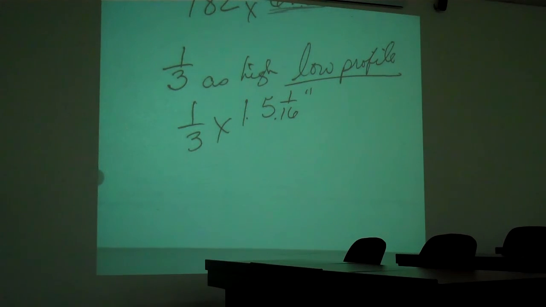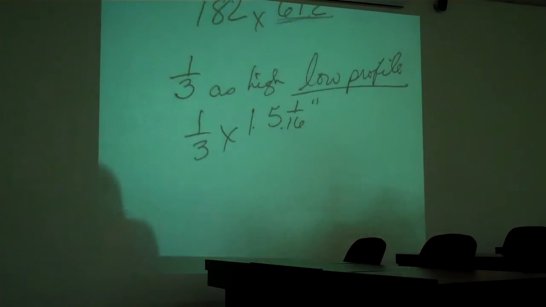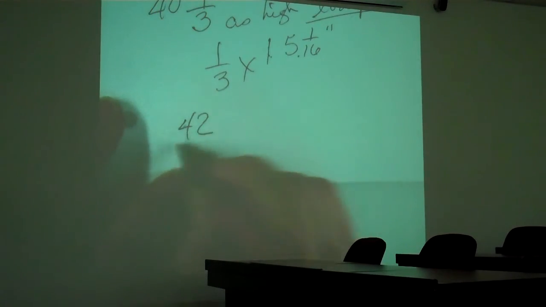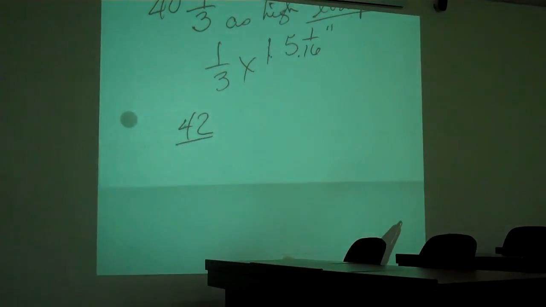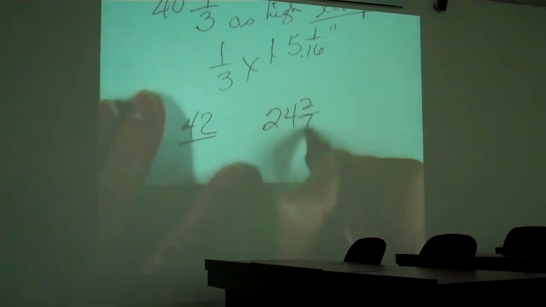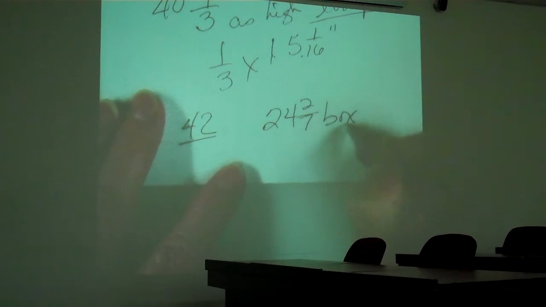And then on number 42, this one was like number 40. Number 42, it said a flooring contractor uses 24 2/7 of a box to cover a kitchen floor. Okay.